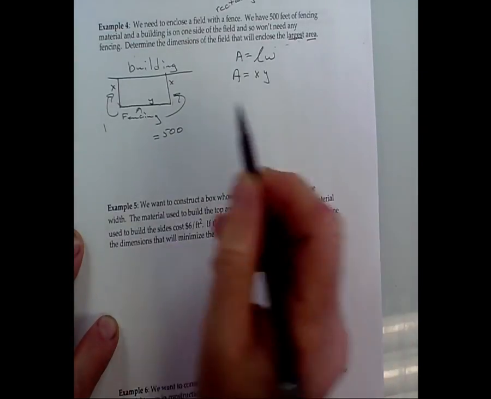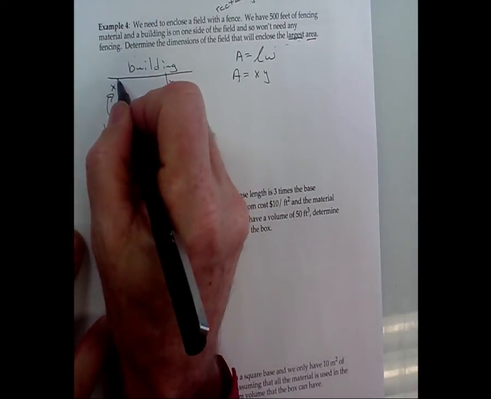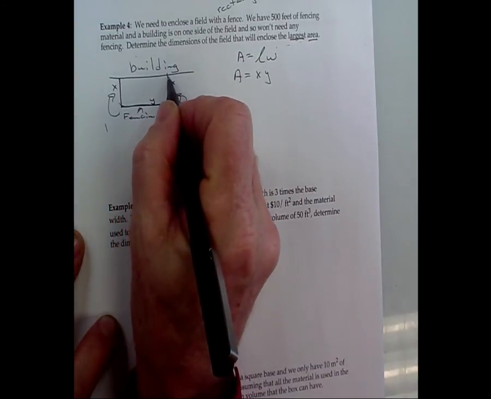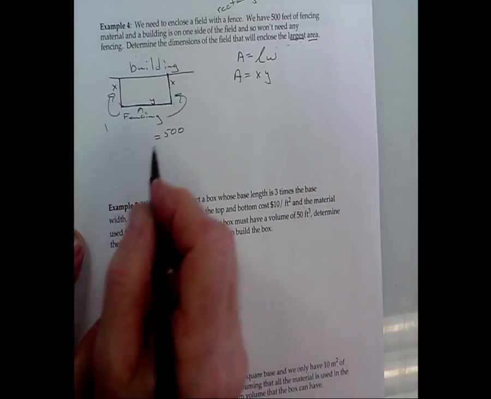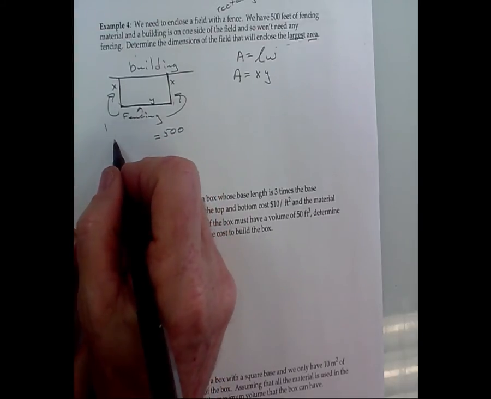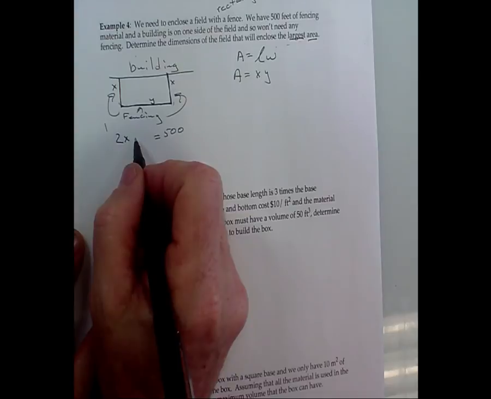The 500 is just given so you can get rid of y. So if I would measure all along here, this would have to be 500, correct? What am I going to write over on this side? 2x plus y.